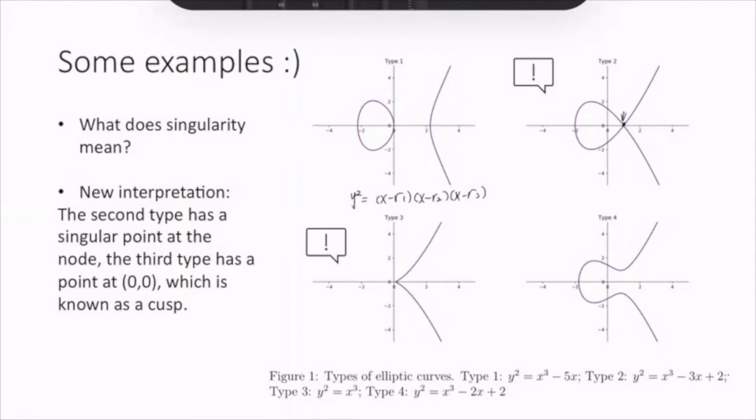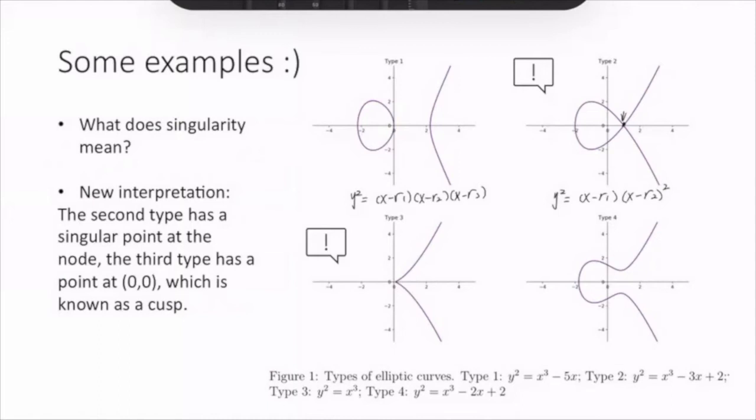Y squared is equal to x minus r1, where we assume that r1 is at x equal to minus 2, times x times x minus r2 squared. The exponent above this x minus r2 term is also called multiplicity. So we have a repeated root of r2, which is at the point of the marked arrow.